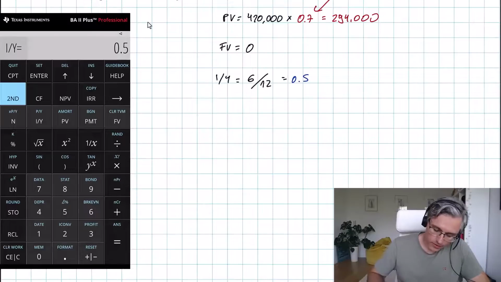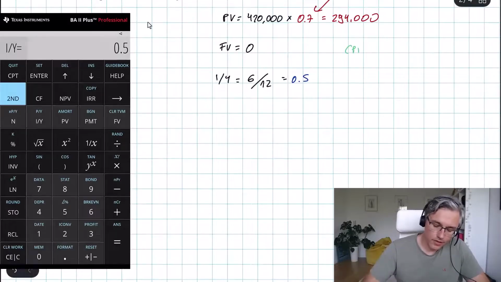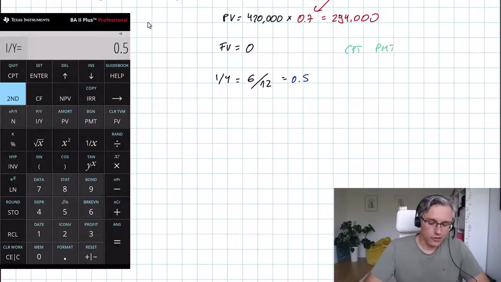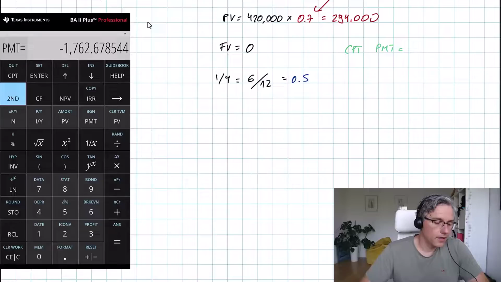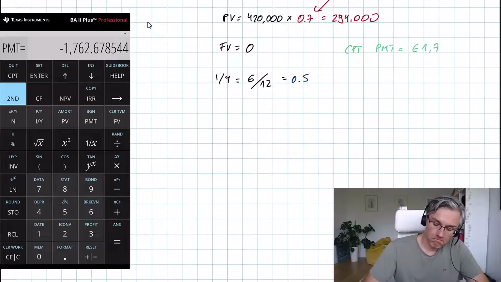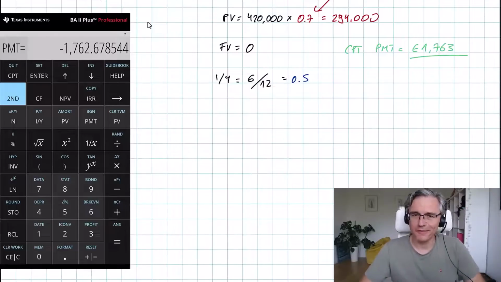And now I can ask my calculator to compute, CPT PMT, and if I do that, it should give me the monthly periodic payment. I see 1,763. Okay, I got that result before when I was preparing for this recording, so I'm sure it's fine.